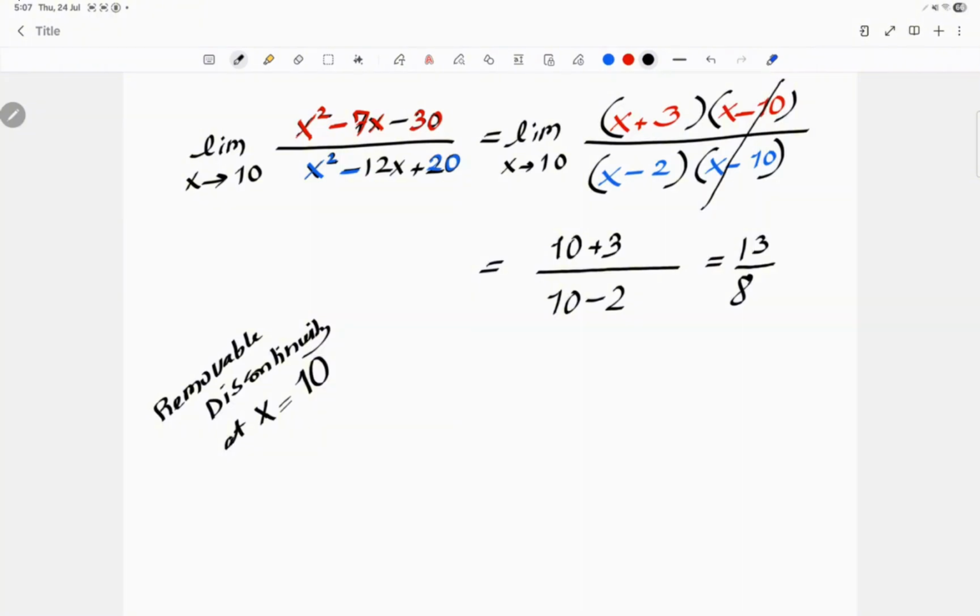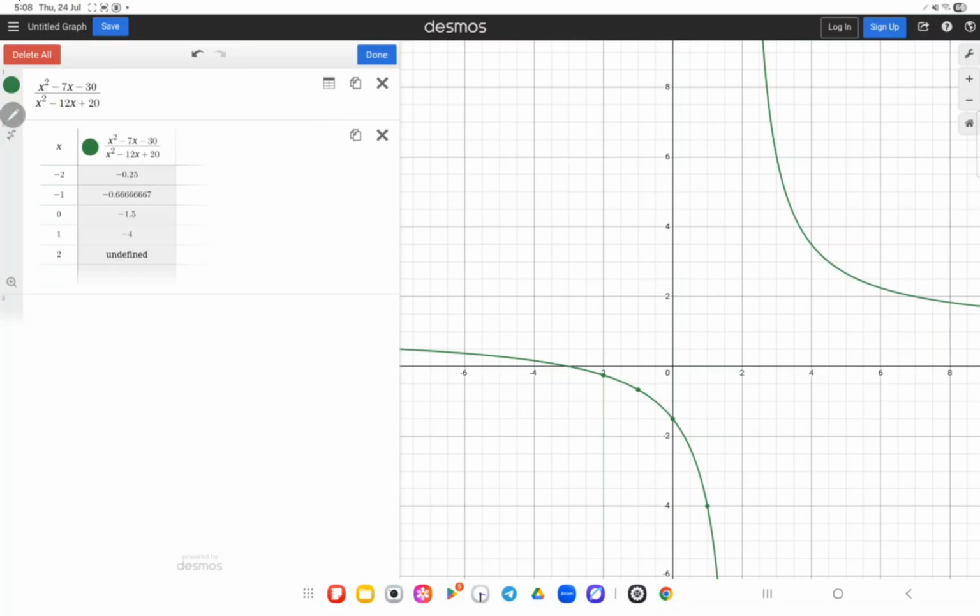Let's use Desmos and see what that looks like in graph form. I'm going to grab this guy here in Desmos. So here's the graph with the table. It seems that there is this vertical asymptote at x of 2 according to the graph, right? So if they give you this graph and it looks like this, it seems that the red ones do not touch the blue one.